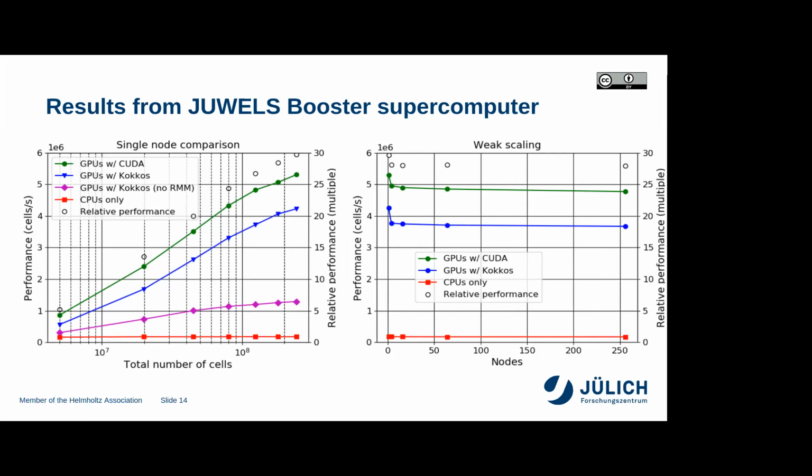The vertical axes are still the same, whereas now the horizontal axis represents the number of nodes. And the relative performance flattens out after 16 nodes at 26 times speed up with CUDA backend, which suggests very good scaling across a large number of nodes. Furthermore, the performance difference between CUDA and COCOS backends appears to remain roughly constant during this weak scaling experiment.